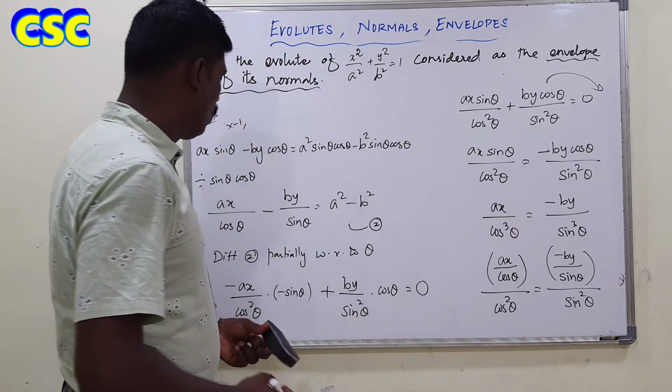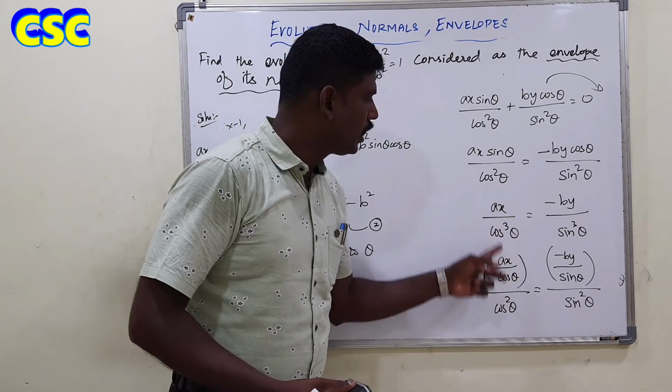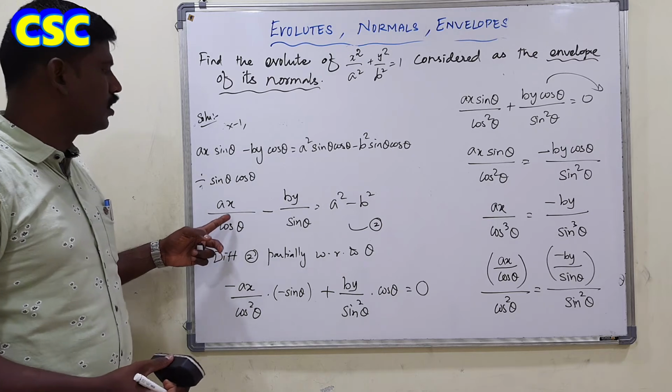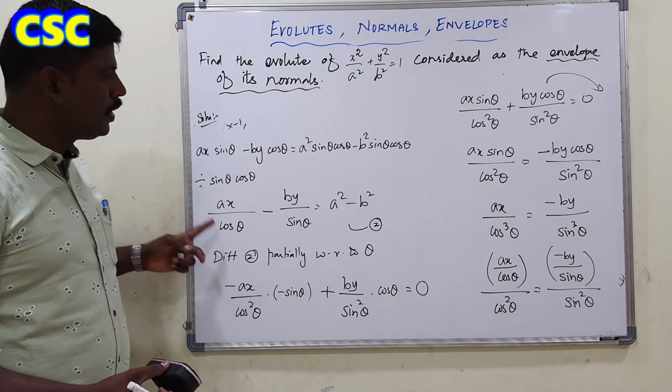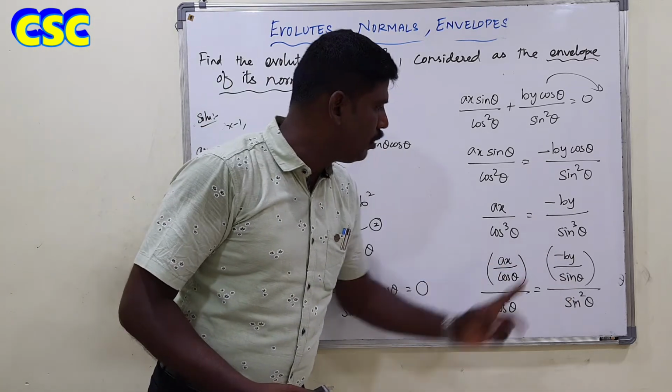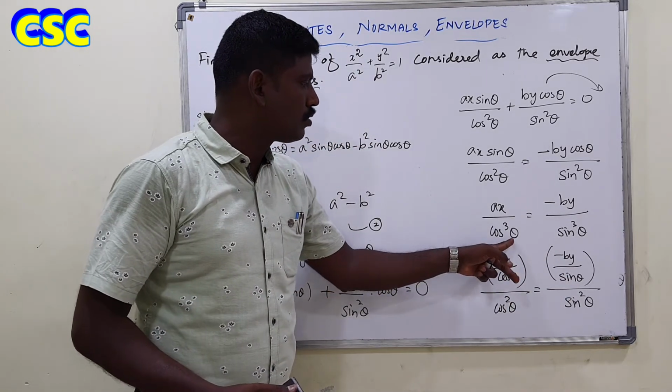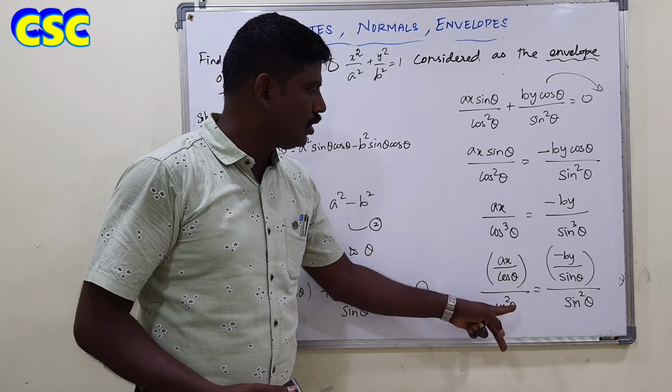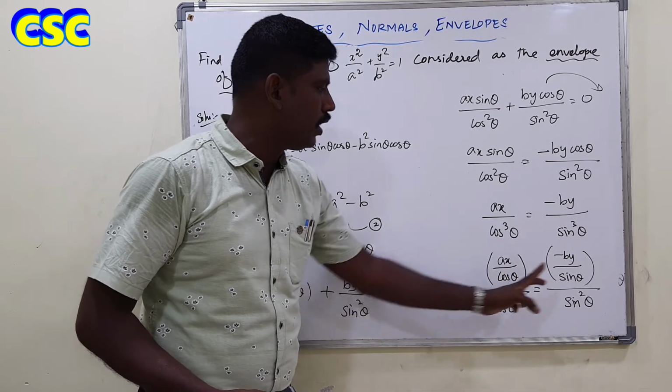Why do I write it as ax by cos theta? Because look at equation number 2: it is in the form ax by cos theta minus by by sin theta, right? I split that cos square theta into cos theta and took that cos theta to the numerator.